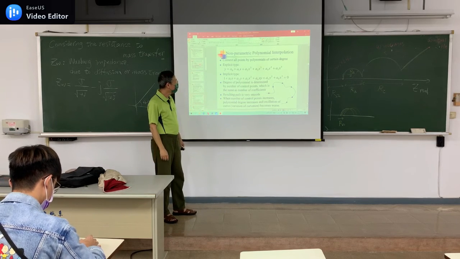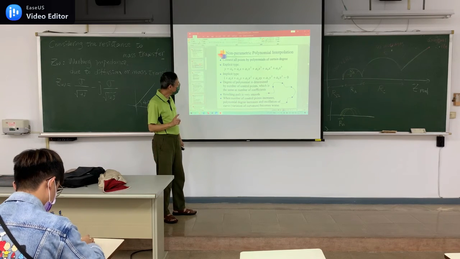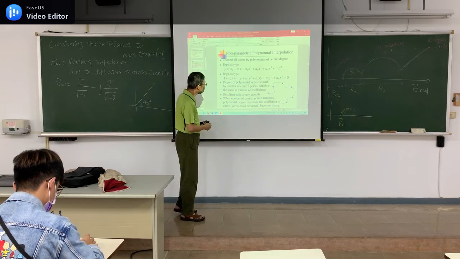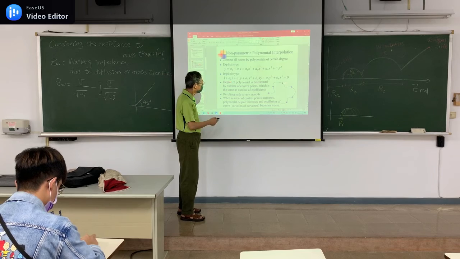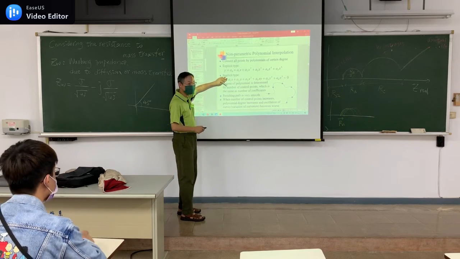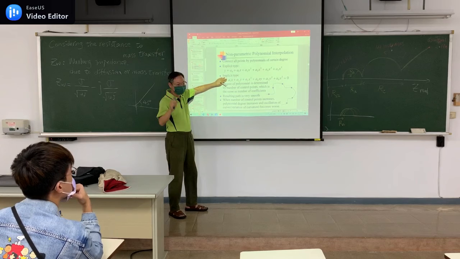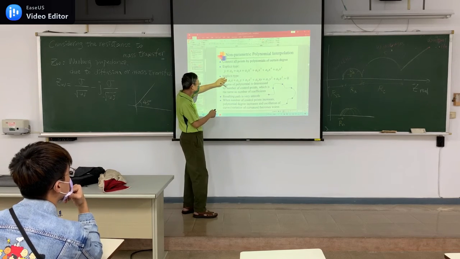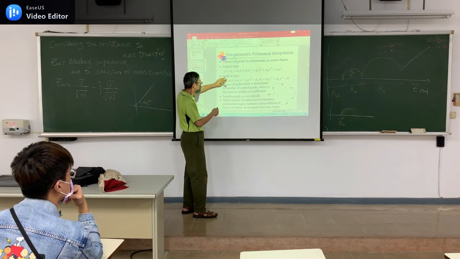However, if the curve passes through the origin, that means the constant term is 0, then you can make this 1, dividing all of them by A1, something like that.